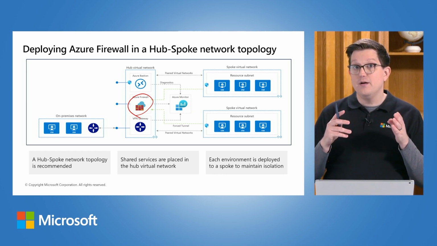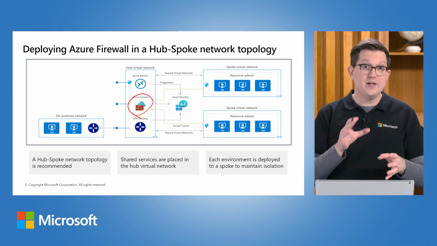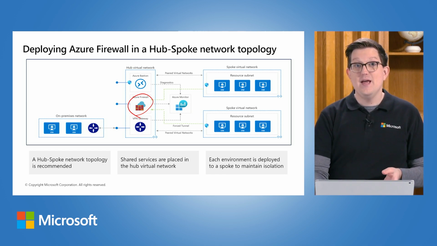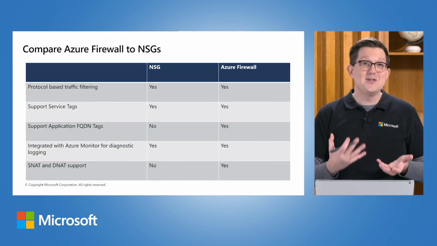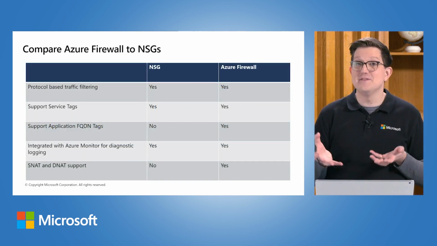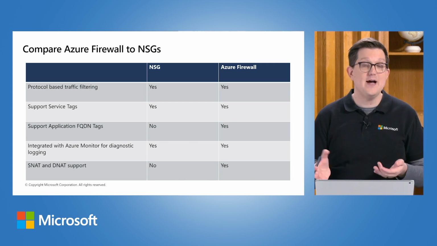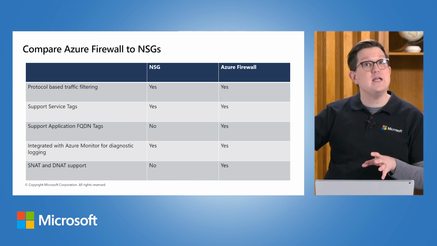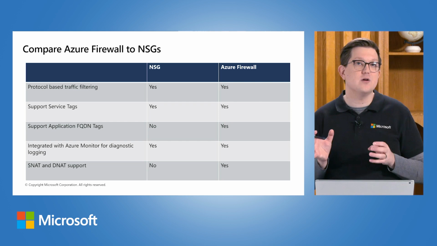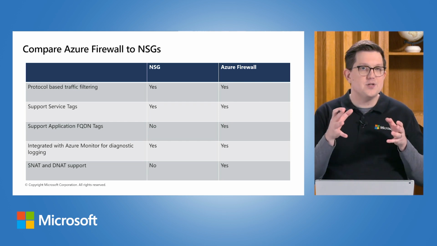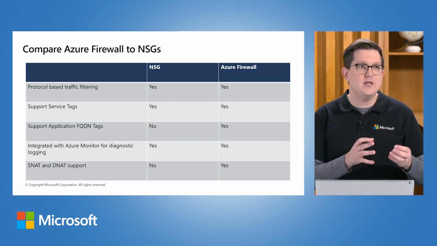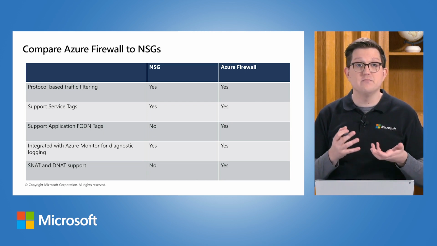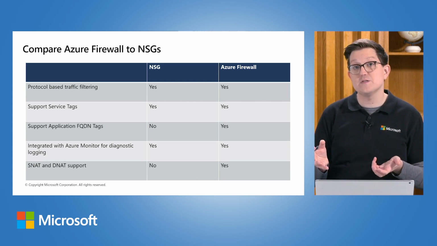So, if this is firewall, there's one last thing I do want to call out. Often, I actually got a question in classes of how this differs from a network security group. Now, of course, Azure Firewall has many more features than what a network security group offers. But at its core principle layer, it is allowing or denying traffic based on rules and requirements.